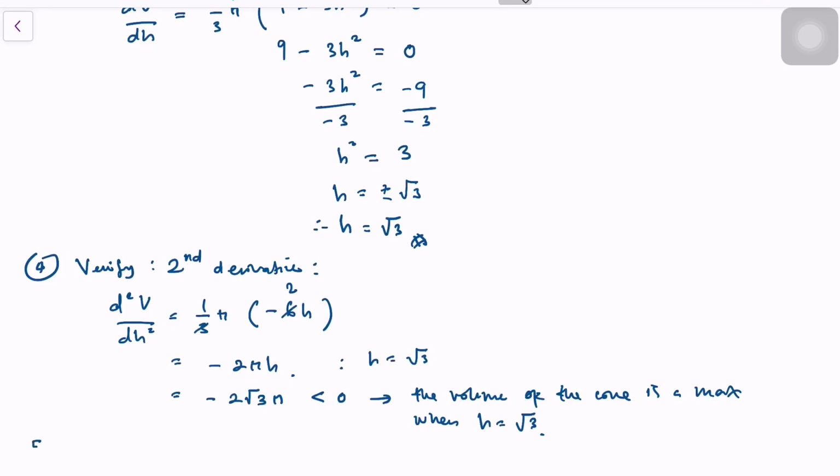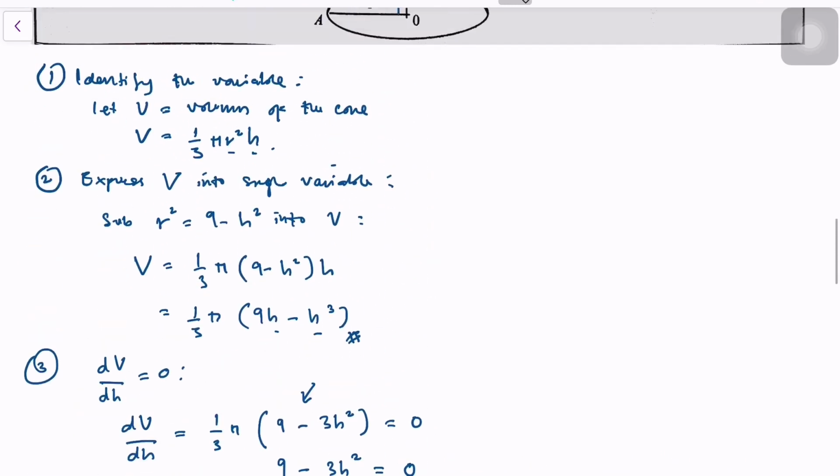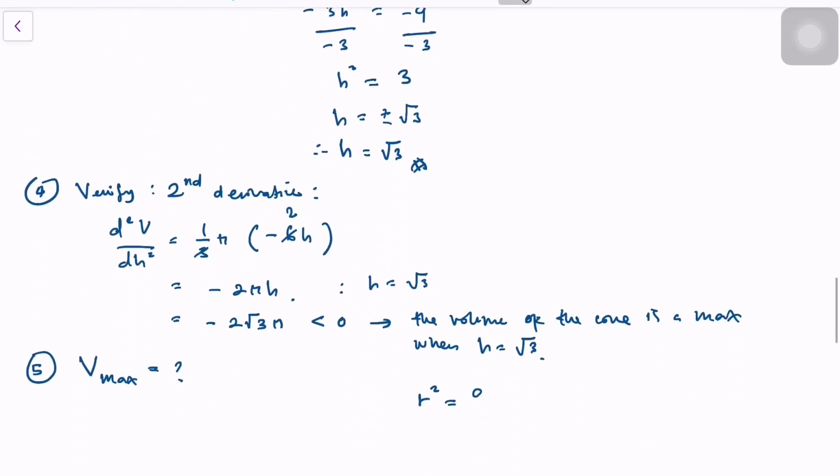Okay, now kita nak cari volume for maximum. So before that we need to find the value of r dengan menggunakan formula r squared is equals to 9 minus h squared. So we know that our h is actually equals to 3.